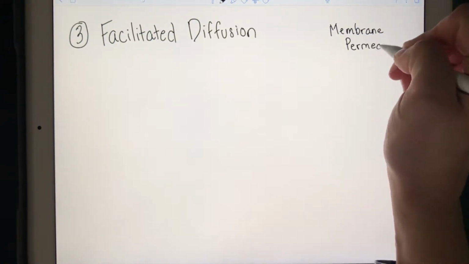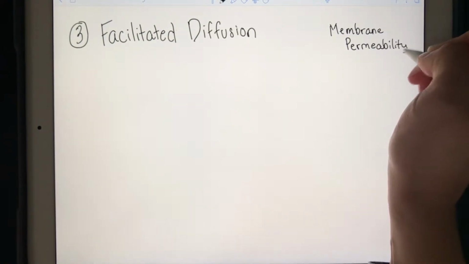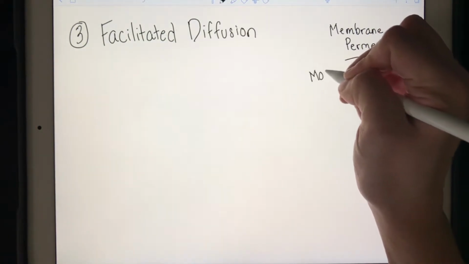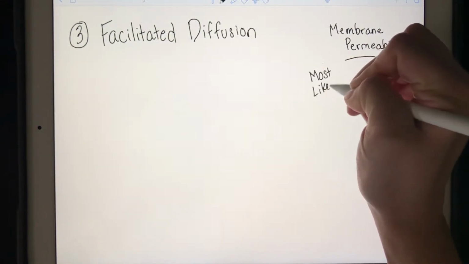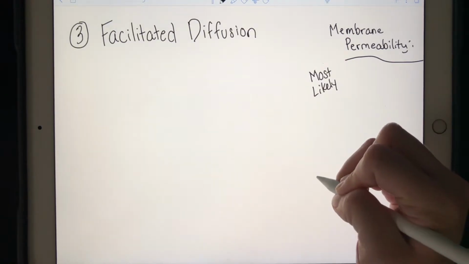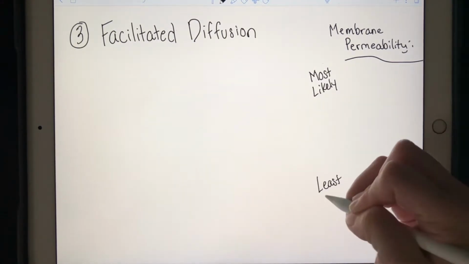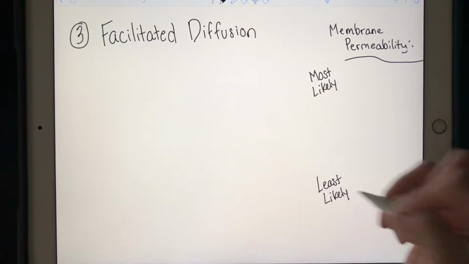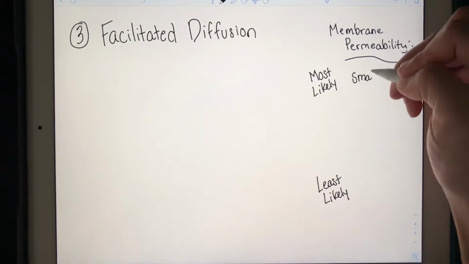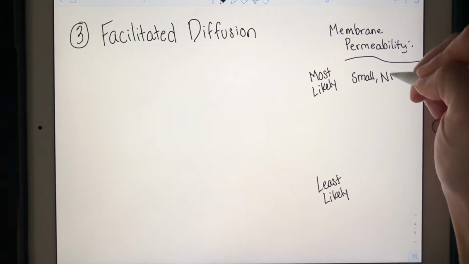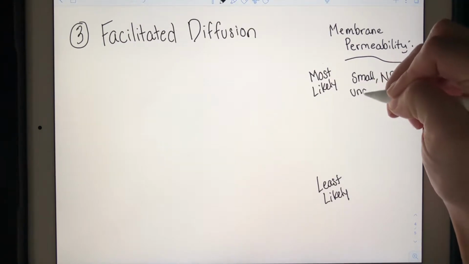If you go back to your membrane permeability notes, not everything is just going to be able to pass through it. So we had most likely and least likely. Most likely were small, nonpolar, and uncharged molecules.